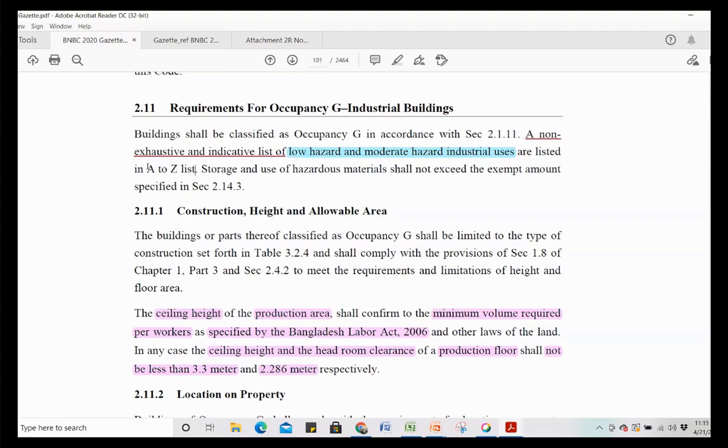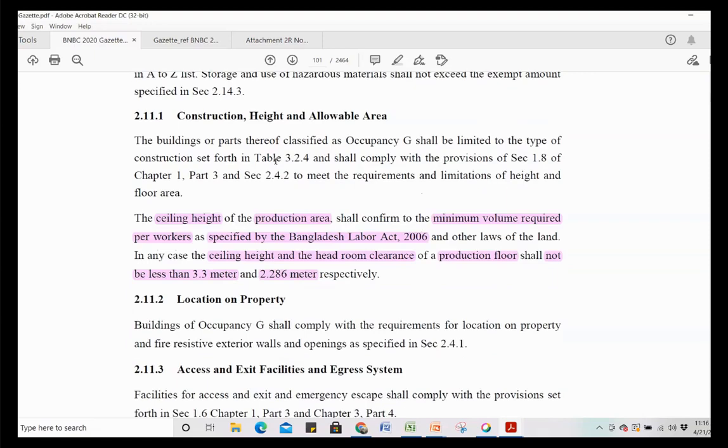So we have an A to Z list, as we can recall, at the end of chapter 2. So there is a list containing low hazard and moderate hazard industrial uses. We can consult the table to find in which category our particular industrial building falls. So this is a reference at the beginning.